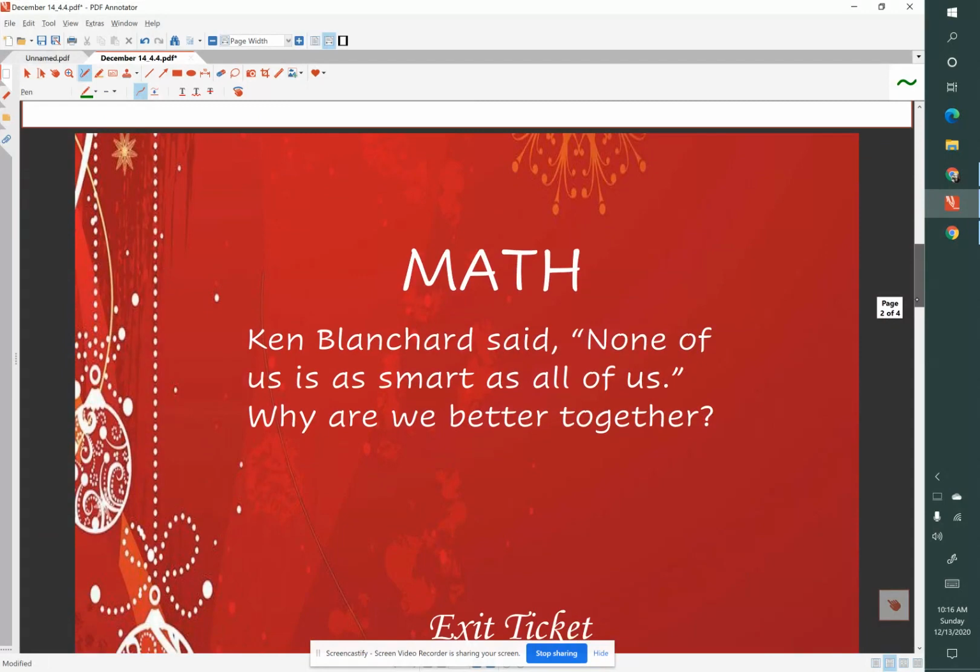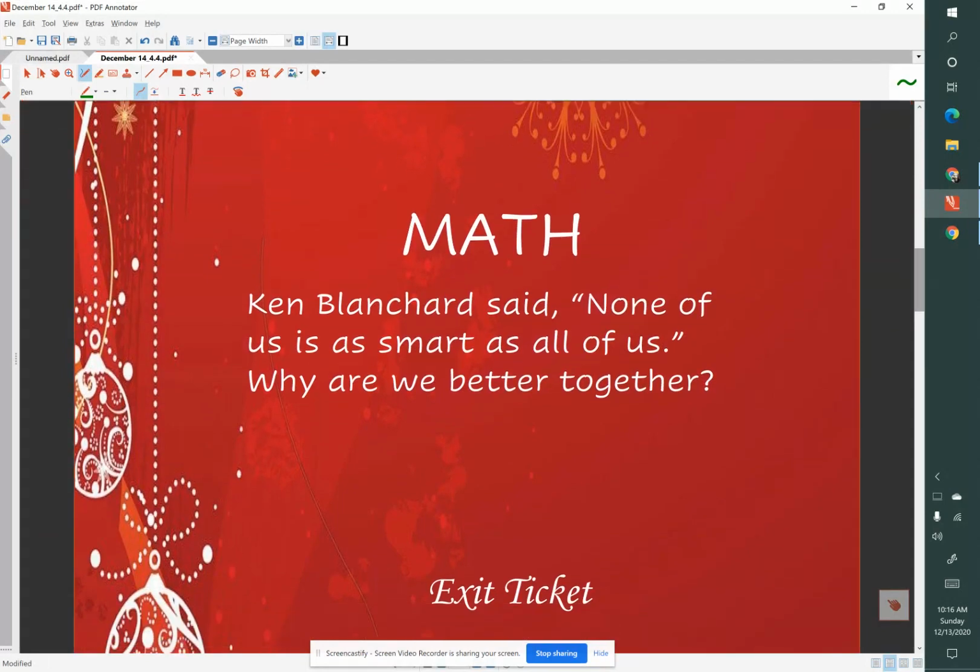So for our do now, Ken Blanchard has said, none of us is as smart as all of us. Why is it that we are better together? Why is it, the old adage, two heads are better than one? What happens when two or more people get together to solve a problem? What if you have one genius?